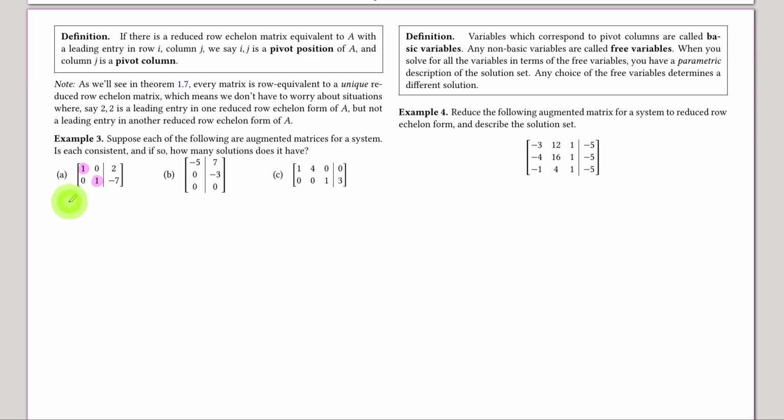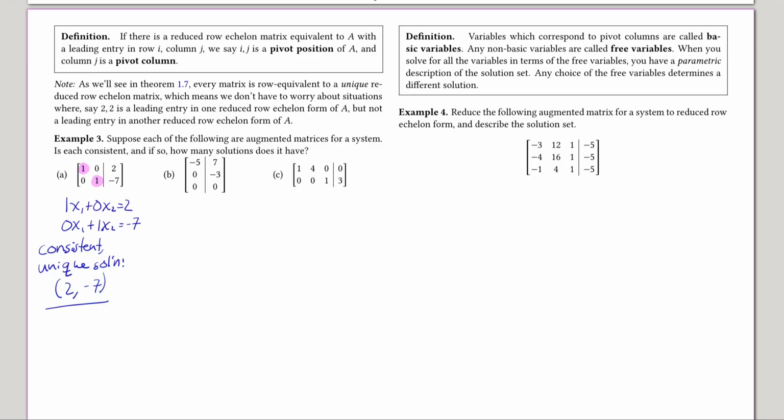Well, if we just translate this to equation form, it says 1x1 plus 0x2 equals 2, and 0x1 plus 1x2 equals -7, which basically just tells you that there is one solution. That solution is (2, -7).